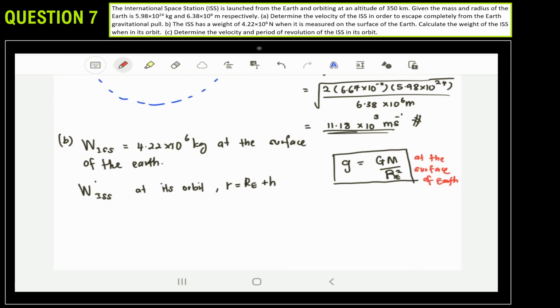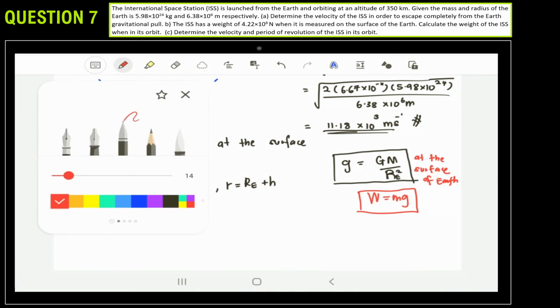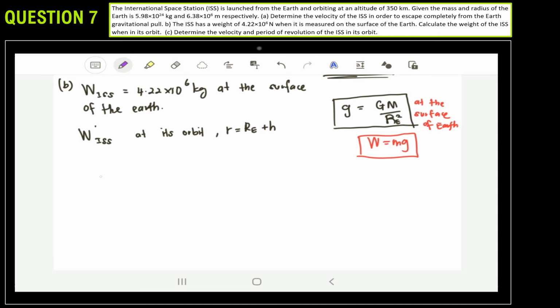Alright, so now let's write the equation of weight. So W is equal to mg. Okay, so now let's proceed. Let's write the weight at the surface, so W is equal to mg.